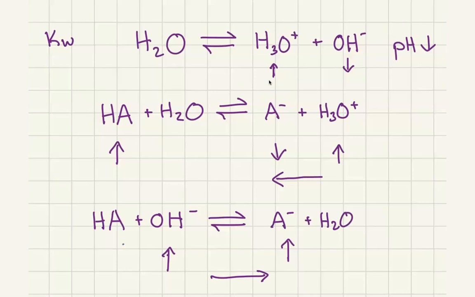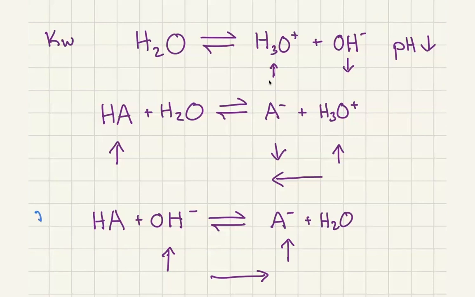So it's not going to react first with your weak acid. It's going to react with those protons present in the solution, and sop some of those up. It's going to decrease the proton concentration, and therefore you're going to get an increase in your OH minus concentration, and an increase in your pH.